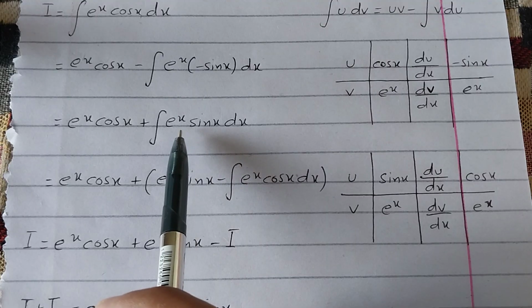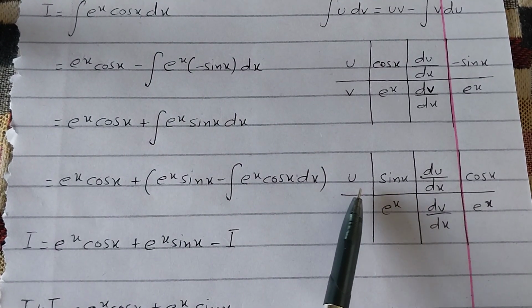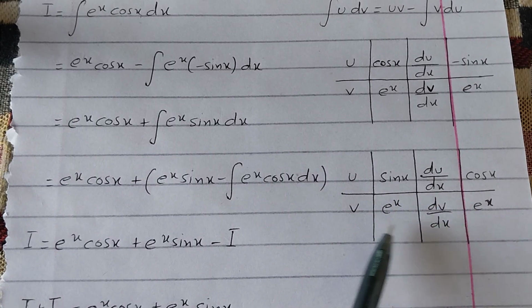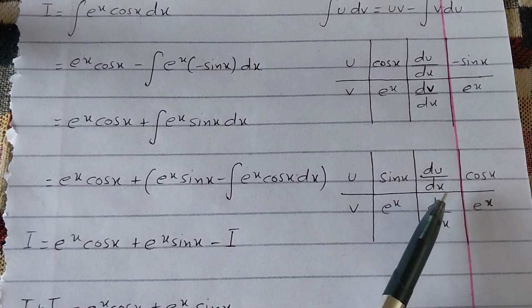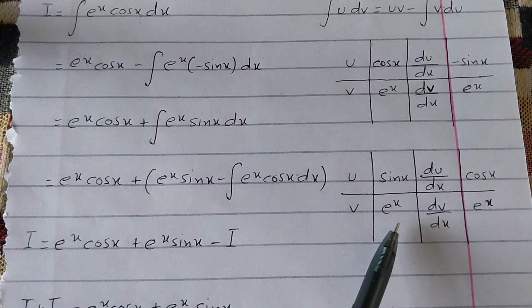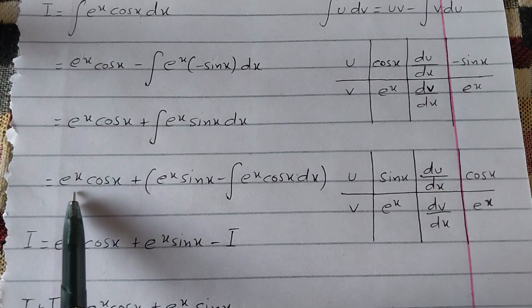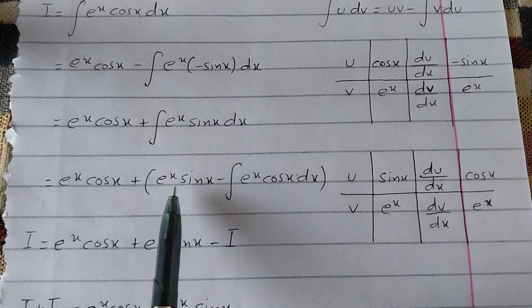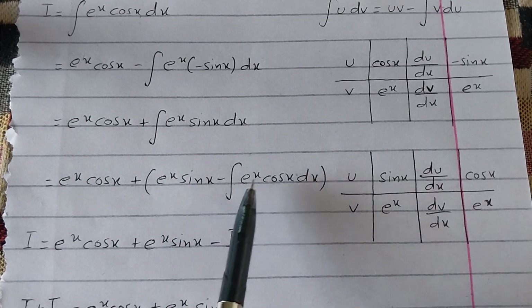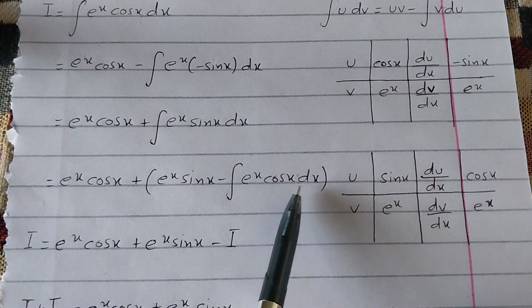So in this particular case we can take either as u. We have taken sin x as u and we have taken dv by dx as e to the x. The derivative of sin x is cos x, and the integral of e to the x is e to the x. So we will apply the formula again. So this will become e to the x cos x plus uv, which is e to the x sin x, minus integral of v du, which is e to the x into du, which is cos x dx.